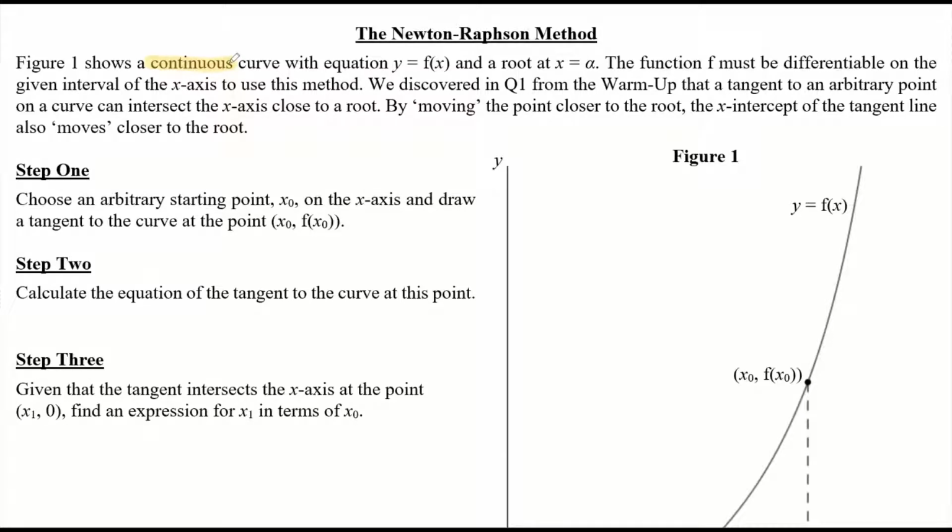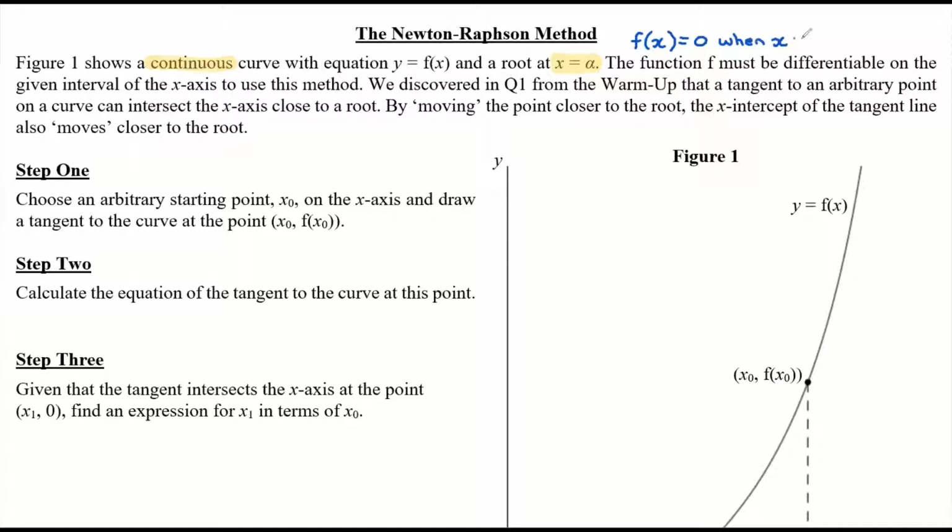Okay, so we have to know that this is a smooth curve across an interval, and we also have to have a root at x is equal to alpha. So in other words, we have to be able to solve the equation f of x equals 0 when x is equal to alpha.